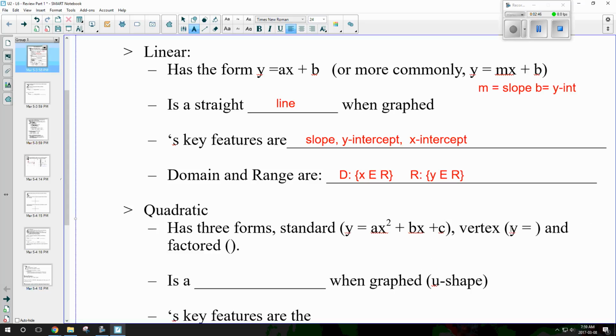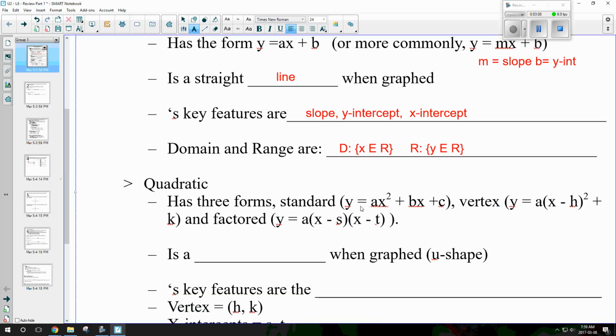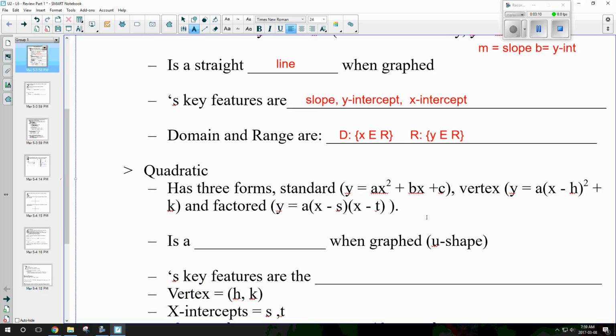We have our vertex form, which is y equals a(x minus h) squared plus k. And we also have our factored form, which is y equals a(x minus s)(x minus t). So those are the three forms that we often see quadratics in.